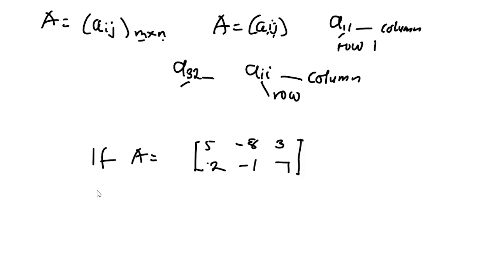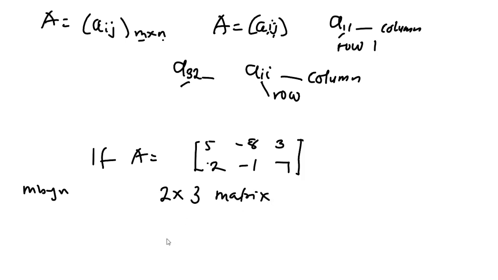Of course, we said it should be in the form m by n. The first one talks about the row and the second one is the column. How many rows do we have here? 1, 2. So we have 2 by how many columns? 1, 2, 3. So the dimension is a 2 by 3 matrix.